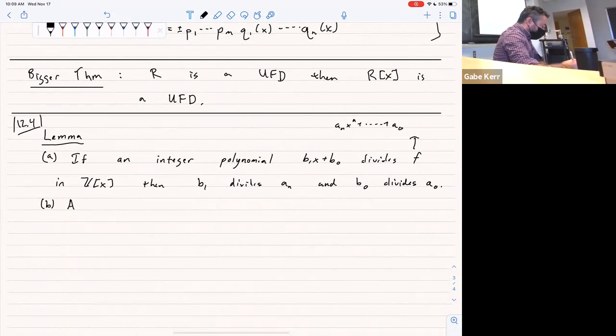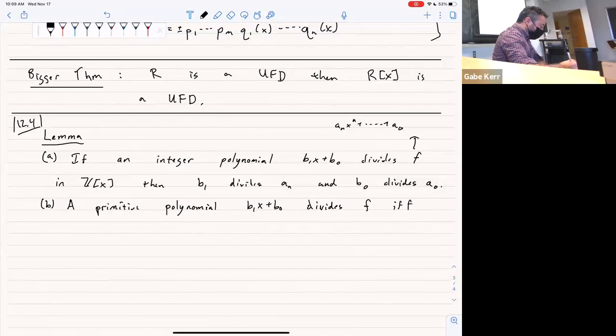Okay, so a primitive polynomial does this as well. It's just root testing. A primitive polynomial p1 x plus p0 divides f only if negative p0 over p1 is a root. We already actually had this. This follows from the division algorithm, really.